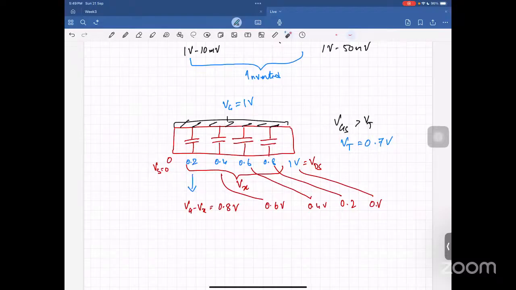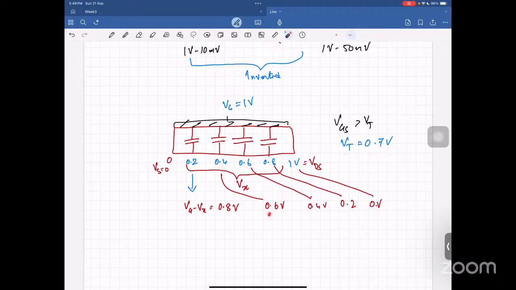So now, locally here, you will have a channel forming because VGX is greater than VT. There's no problem here. But the moment I come here, I don't have an excess voltage of 0.7, right? It's only 0.6 now. VG minus Vx is only 0.6, which is less than 0.7.